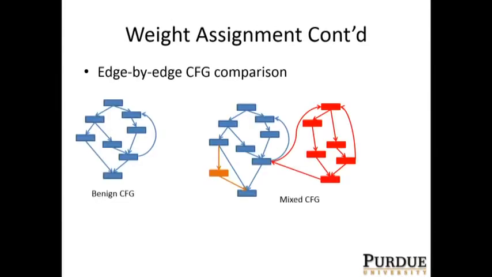We compare these 2 control flow graphs edge by edge. For the edges that appear in the benign control flow graph, we assign 1 to its weight. For the edges that do not appear in the benign control flow graph, but are close to the benign nodes, we assess their weight based on their distance to their adjacent nodes.